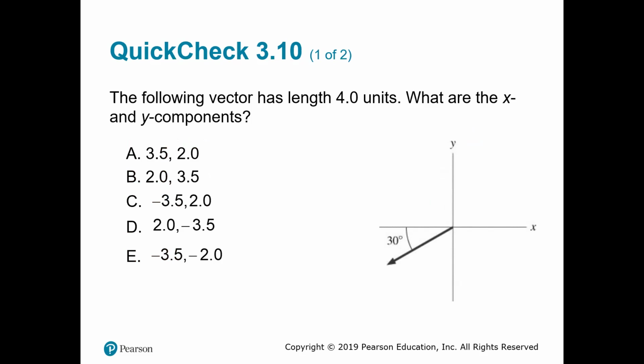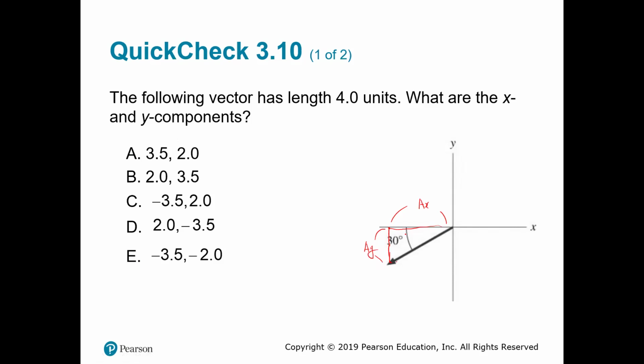And then a similar question over and over. Again, the vector is 4 units. And then you can draw one of these random right triangles. Again, you can either use this one or the other one, it doesn't matter. But for both cases, what you're looking for is this AX and this AY, right?